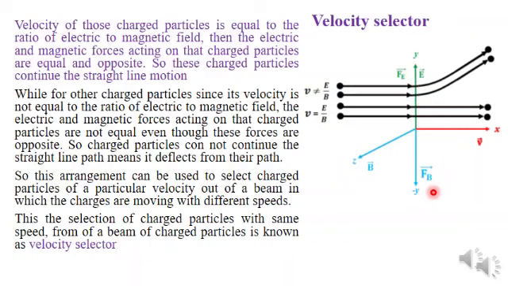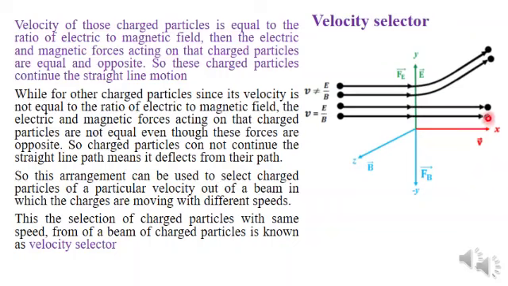Then, if the velocity of those charged particles is equal to the ratio of electric to magnetic field, the electric and magnetic forces acting on those charged particles are equal and opposite. So, according to Newton's first law of motion, these charged particles continue the straight line motion.